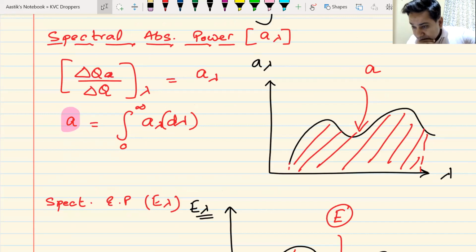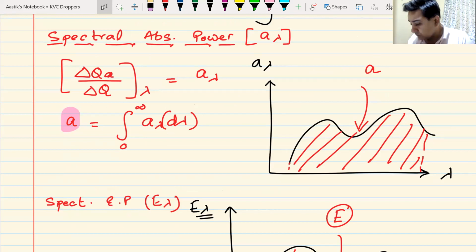Then we had seen something known as spectral absorptive power. For a particular wavelength, how much energy is absorbed divided by how much energy is falling for that particular wavelength. As I told you, when we talk about radiation, the range of radiations that fall on a body or that a body emits starts from 0 and goes till infinity.